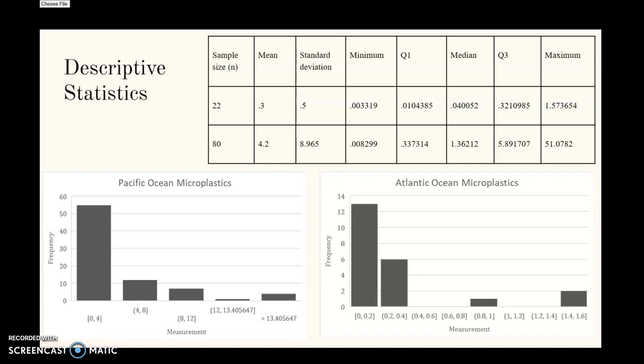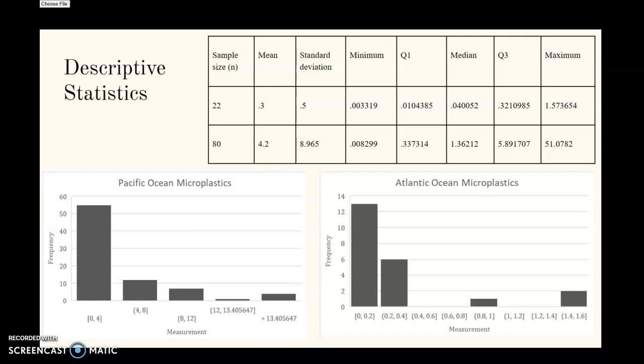And then we go to the second sample size, which is 80. It was a little bit larger. They had more data on the Atlantic Ocean than they had on the Pacific Ocean, I apologize. So just to clarify, the Atlantic Ocean had the sample size of 80, and the Pacific Ocean had a sample size of 22.